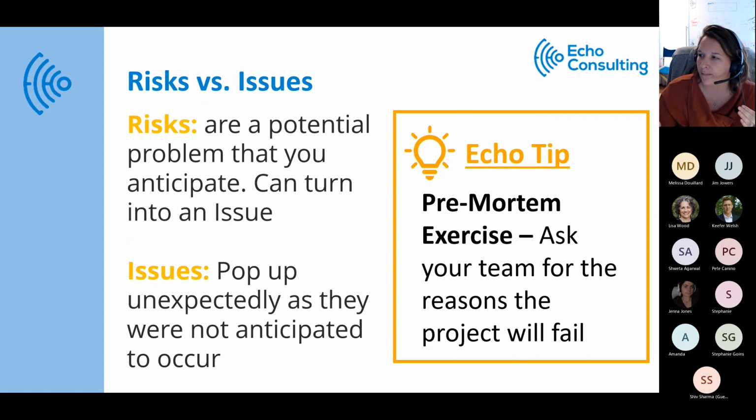Instead of taking the approach of how this is going to work moving forward, take a moment in meetings and ask teams to identify why this plan, strategy or decision is not likely going to work, and really push your team to identify the risks to this path forward.